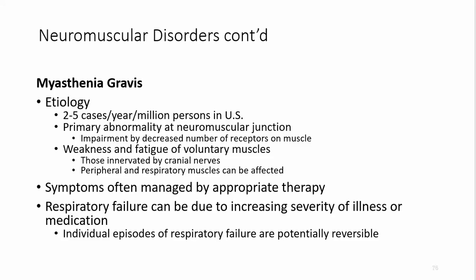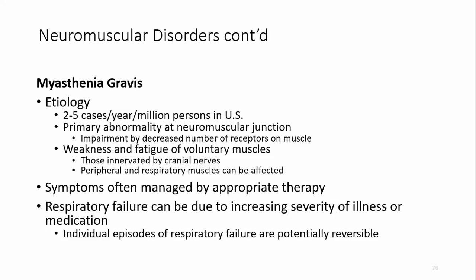Now, respiratory failure can happen, especially if the immune system gets fired up and the illness gets more severe, or with other illnesses, or with reactions to medication, that kind of thing. Now, because these people are able to regenerate more of these receptors, this waxes and wanes.